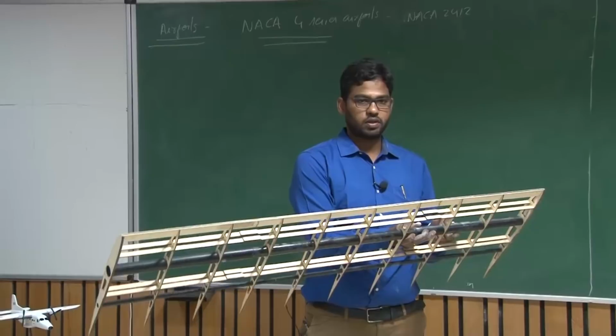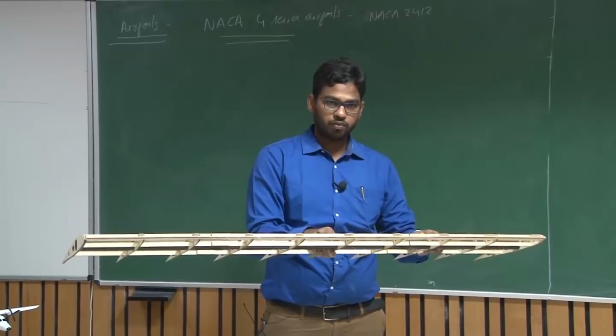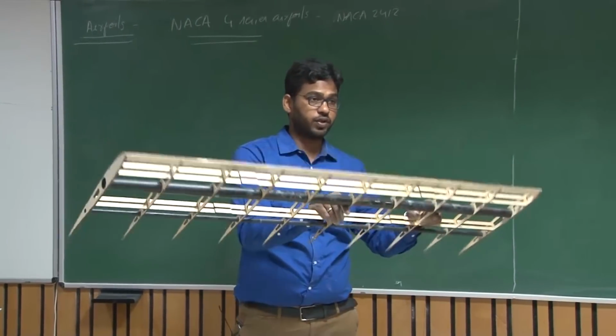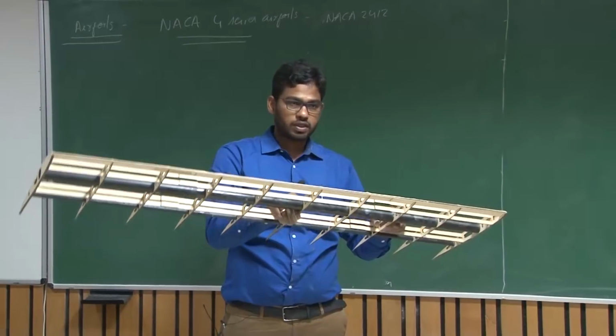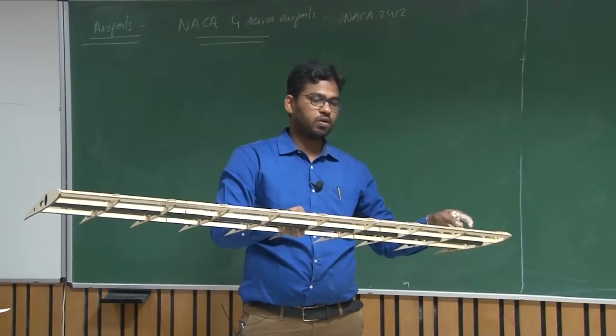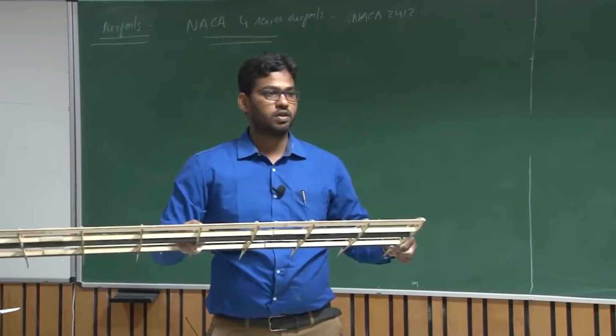What we will do in this course is see what the design CL is, and from there get the CL alpha of the wing. From this CL alpha of the wing we will figure out what the aerofoil characteristics should be, what the CL alpha of the aerofoil should be.